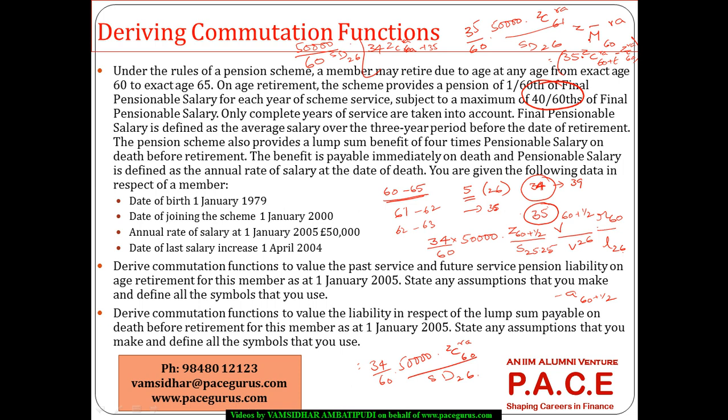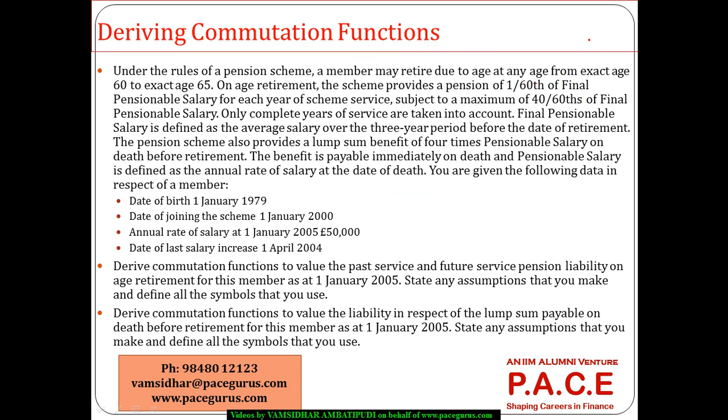Now the same logic I have to apply with respect to the death related benefit, right? We have said that it is 4 times the pensionable salary. Now the salary currently is 50,000, 4 times that salary. So the salary I am expecting at the time of his death is going to be currently whatever is his salary, S 26.5 plus T divided by S 25.5.